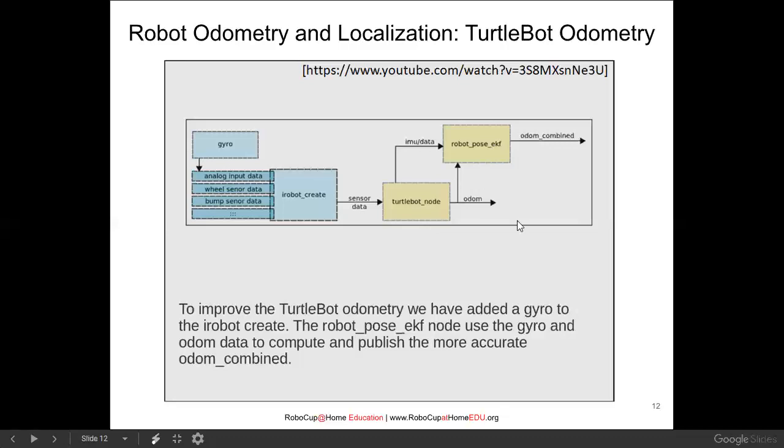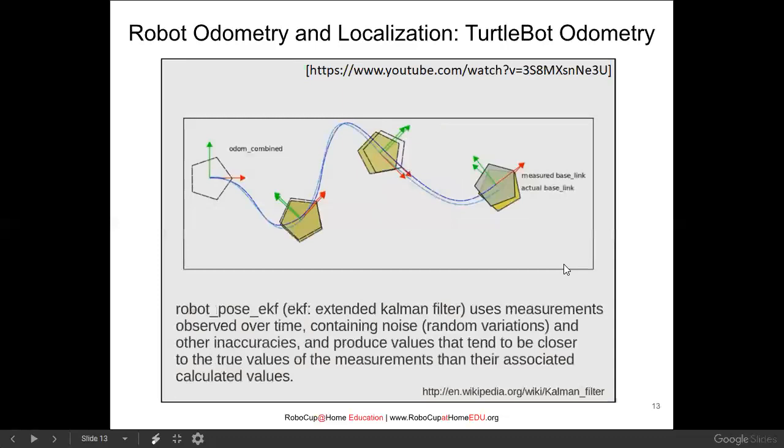I'm not going to explain in detail how the Kalman filter works; you can find it on the web. But the idea here is that we use the odometry data from the wheel and also the data from the IMU, which is the gyro, combine them, and get an accurate estimation of the odometry of the robot. So that is the concept of odometry in the robot. Below is some explanation on the Kalman filter.